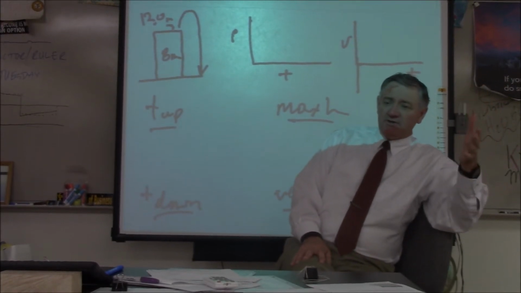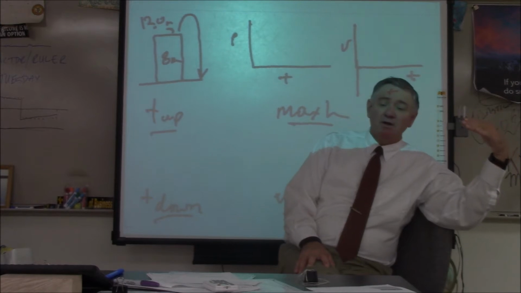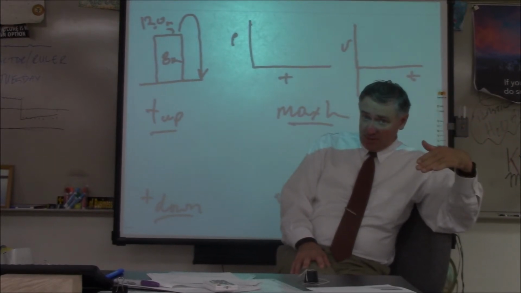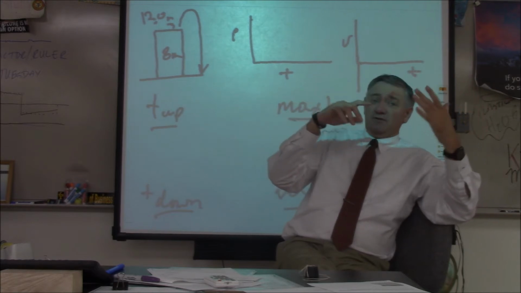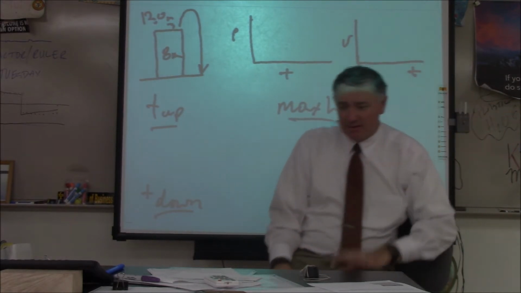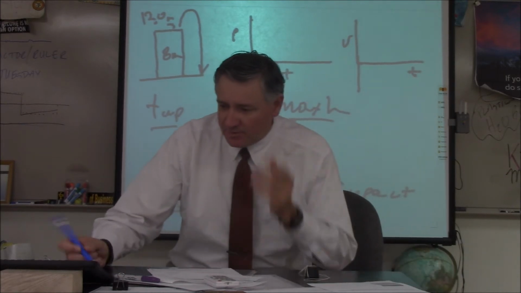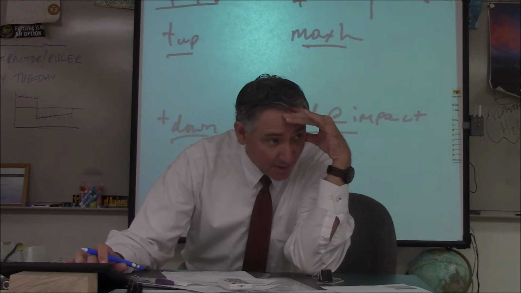If you get part of this worked and you feel good about it, I want you to come up here and write the equation. I want 3 things. Let's say you think you know how to calculate time up.